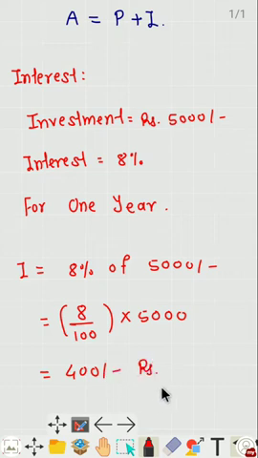So at the end of 1 year, the bank will give me 400 rupees on the investment of 5,000 rupees if the rate of interest is 8%.